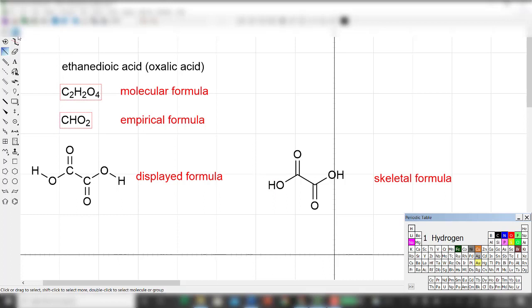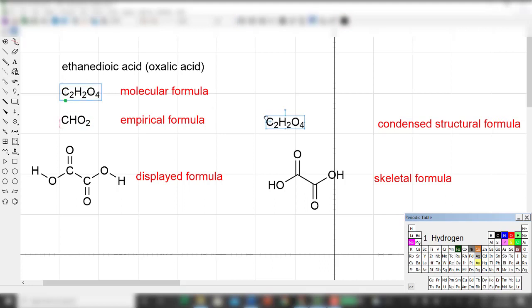There's also another formula which I want to bring to your attention. It's known as the condensed structural formula. For the condensed structural formula, the bonds may or may not be shown. It looks like a molecular formula, but it is not a molecular formula.